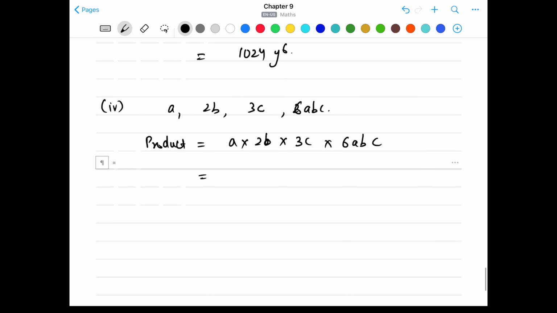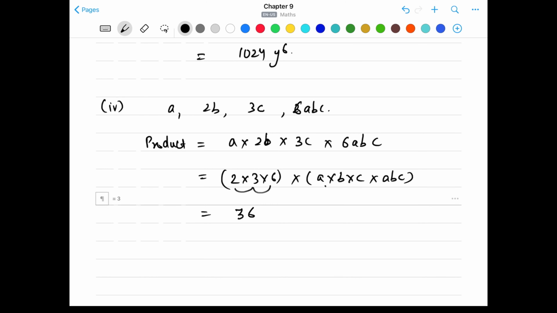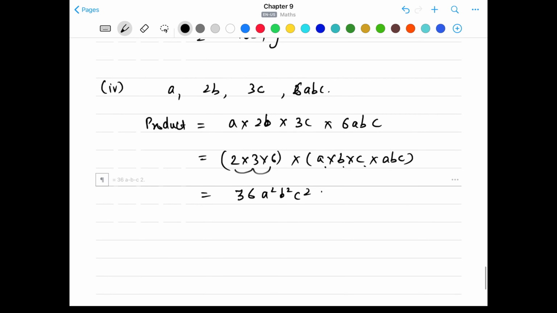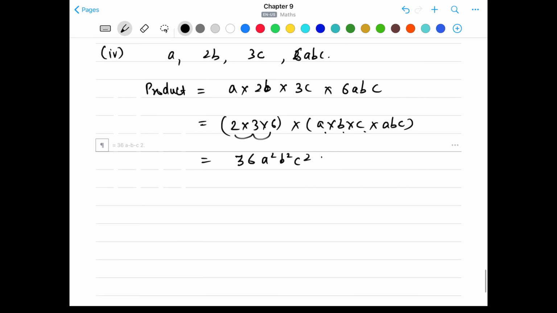First let's multiply the numbers. So we have 2 into 3 into 6, and then we'll multiply all the variables, that is a into b into c into abc. This 2 into 3 is 6, 6 into 6 is 36. This a into b into c into abc will give us a square into b square into c square. So that's the answer for part 4 of question number 5.